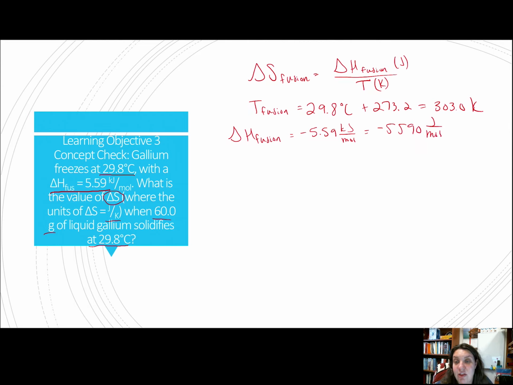And now we need to take that joules per mole and convert it into just joules. So we need to multiply that by our moles. We're going to take our 60.0 grams of gallium and convert it into moles of gallium using our molar mass.